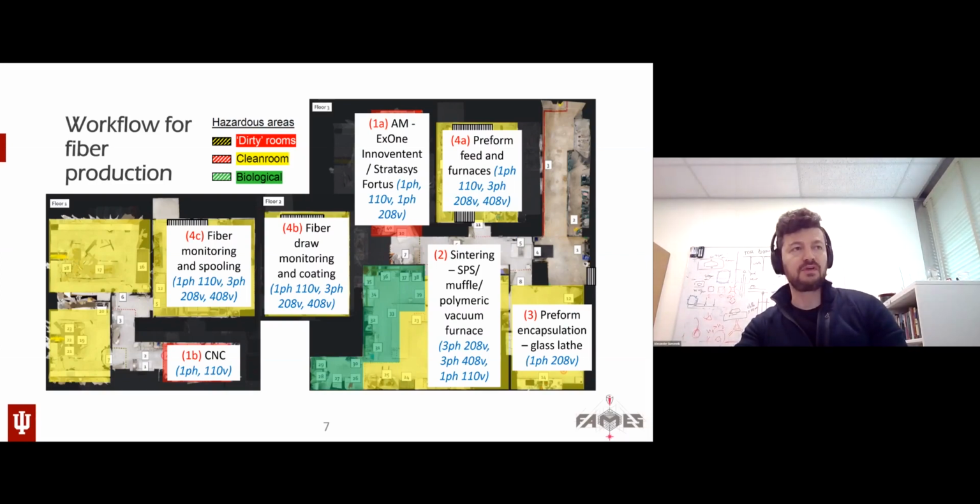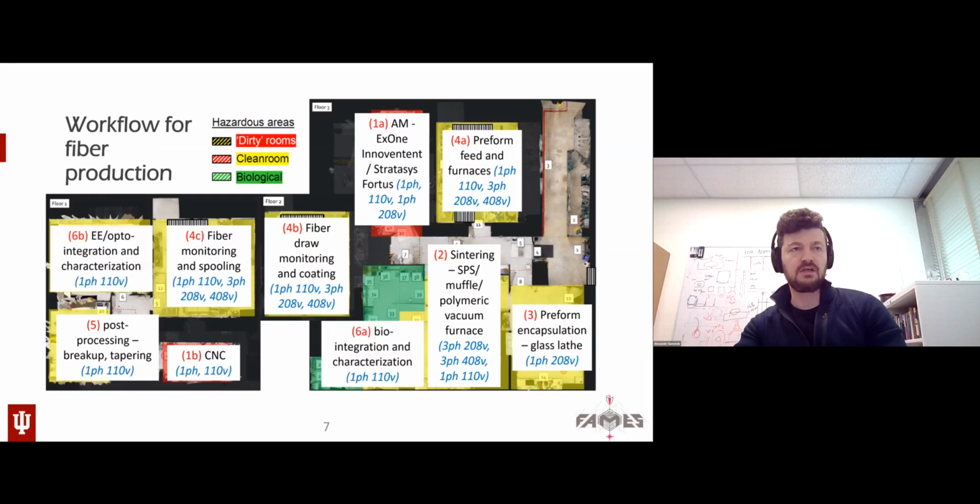Then we have a number of integration schemes depending on the use. So we can post-process for optoelectronic performance, or we can start integrating our fibers into biosystems and characterize it for its medical performance.